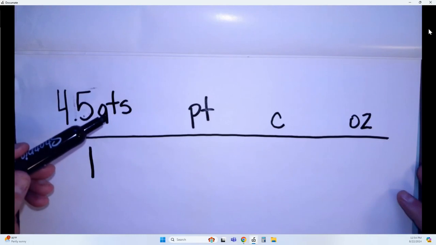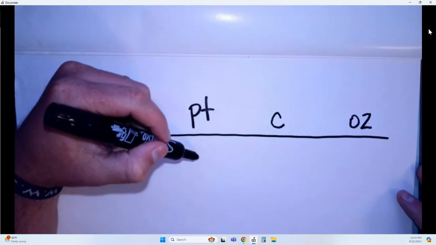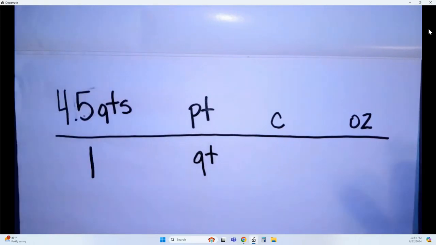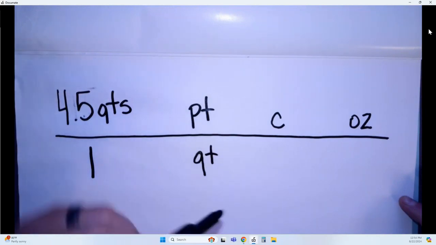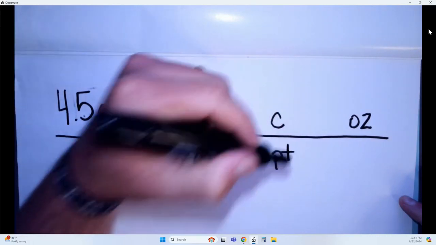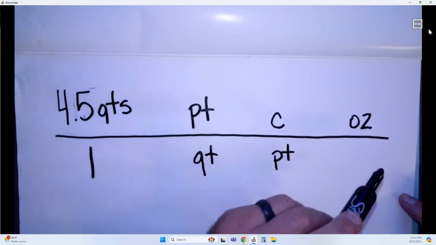I'm going to take this unit, quarts, and move it underneath pints and make them a pair. I'll do the same with pints, moving it underneath cups to pair them up. And lastly, I'm going to move cups under ounces and pair them up.